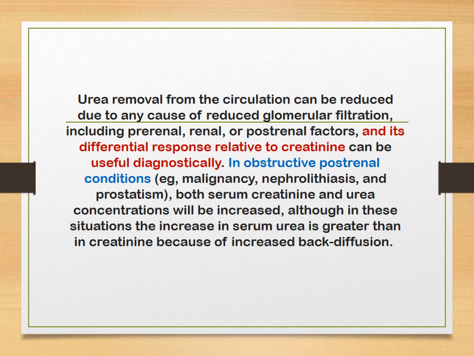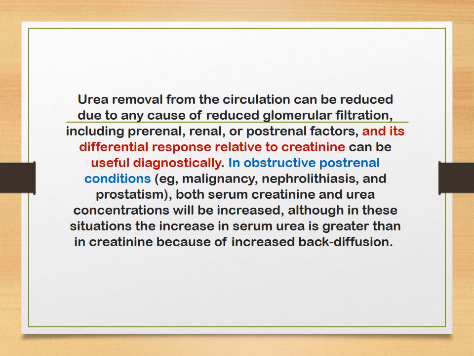However, the ratio of urea to creatinine is useful in diagnosis and differentiation between the causes of acute kidney injury. For example, in obstructive post-renal conditions due to a bladder tumor, nephrolithiasis, a stone anywhere in the urethra or ureter, and also benign prostatic hypertrophy.